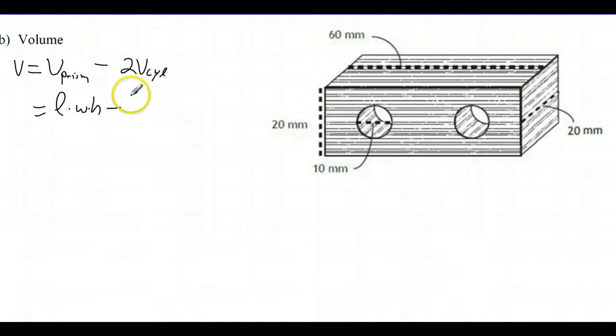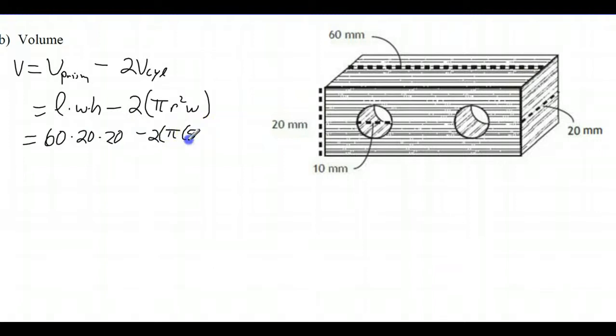And the volume of a cylinder is pi r squared H, and remember our H is actually in this case the W. So 60 times 20 times 20 minus 2 pi, our radius again is 5 squared, and H, or W, H for the cylinder, W on the diagram.